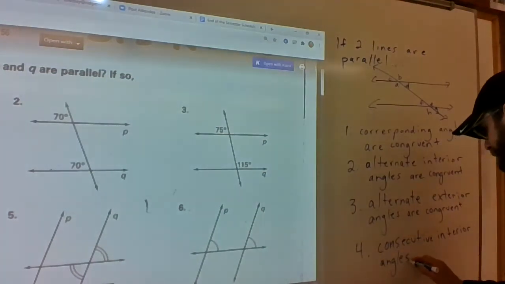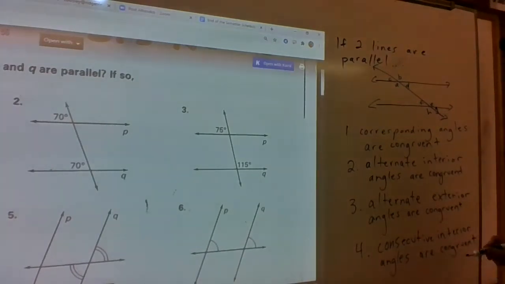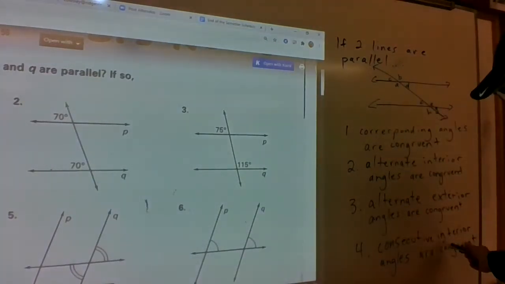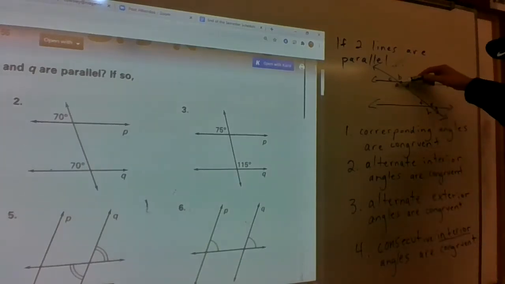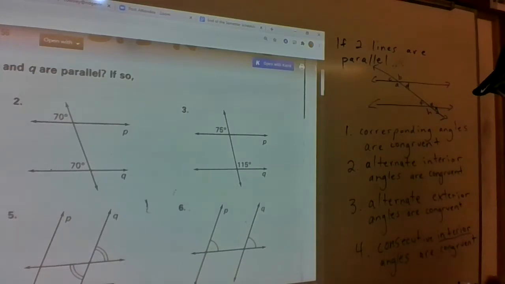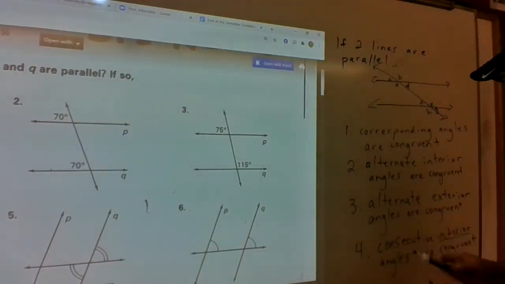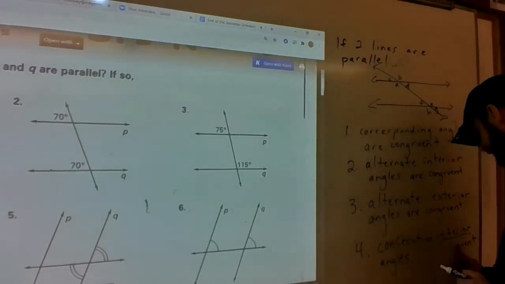Those are congruent. So first of all, we're talking interior, so still A, D, F, E. Those are inside angles. The consecutive ones, A and H, are consecutive. By the way, I'm sorry, they're not congruent.